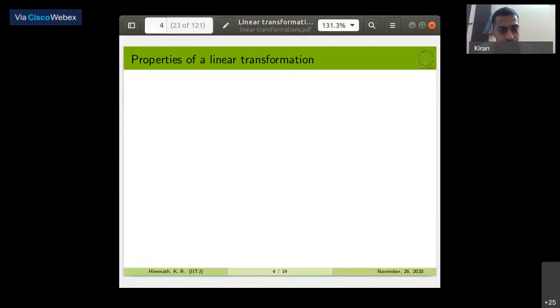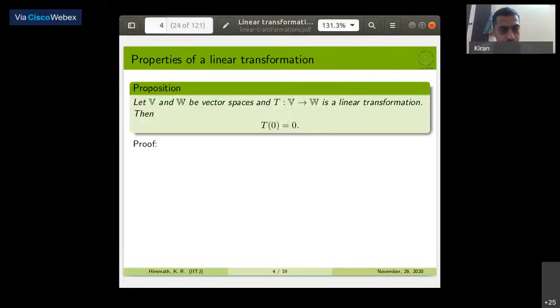One of the simple, very nice properties of linear transformations is that if V and W are vector spaces and T is a linear transformation, then T of 0 is equal to 0. Before we discuss this, I want you to understand that this 0 as an argument of T is different from the 0 which is coming out.